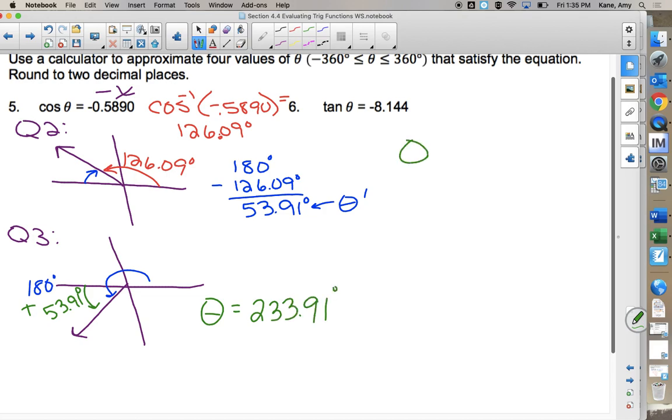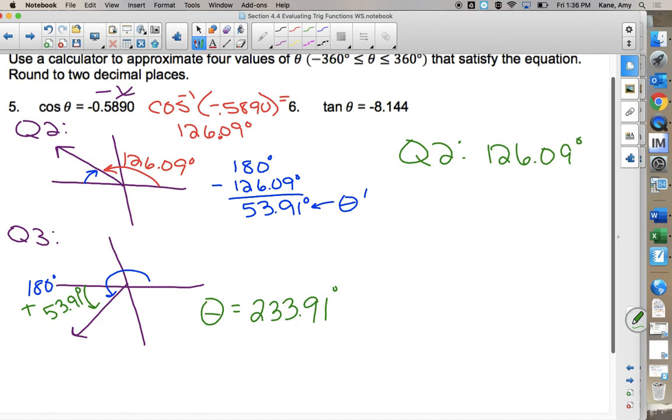So quadrant 2, 126.09, calculator gave us that answer. To get quadrant 3, we had to find the reference angle first, and then use the reference angle and pass 180 degrees by that to get 233.91. Questions on that? I didn't use a reference angle.